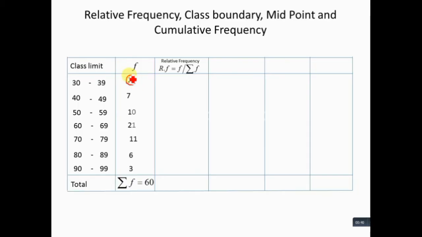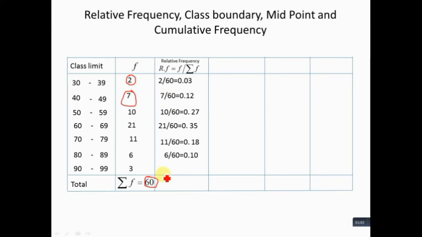So the relative frequency of the first class is equal to 2 by 60, which is equal to 0.03. Similarly, the relative frequency of the second class is 7 divided by 60, which is equal to 0.12. And so on. But keep one thing in your mind, that the total of the relative frequencies must be equal to 1.